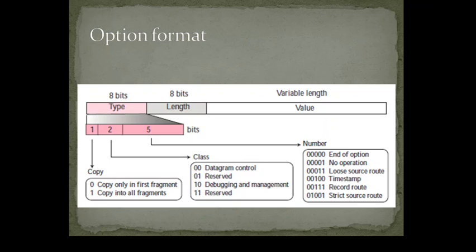Right. The next 5 bits define the type of option. Although with 5 bits 32 different options can be used, for now we have only these 6 types.